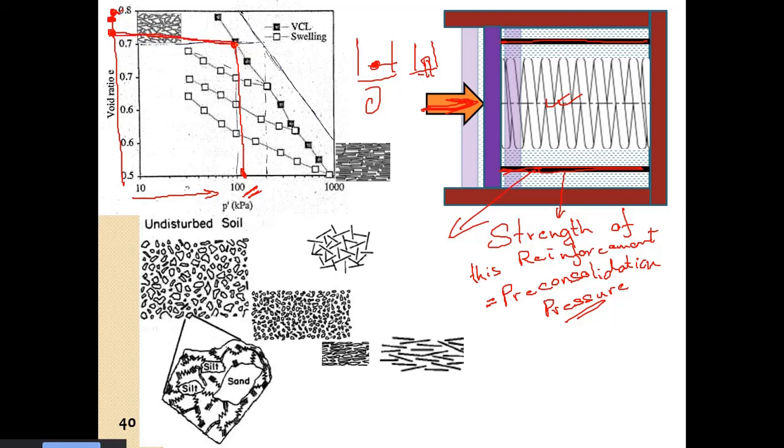As soon as it reaches the pre-consolidation pressure, since the strength of the reinforcement is equal to the pre-consolidation pressure, this will break. We assume that this will break. As soon as this breaks, the soil will behave as normally consolidated soil.